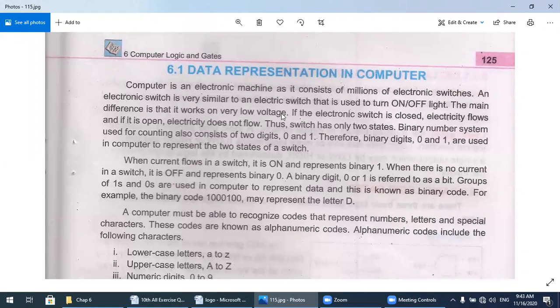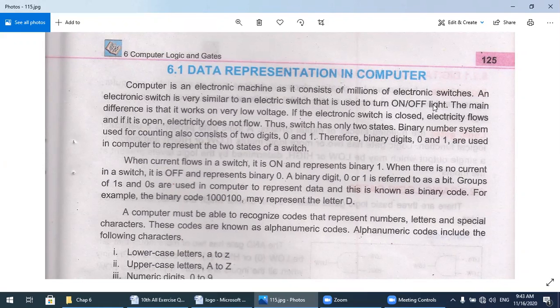This chapter is very easy because, as you know, data representation in the computer is based on 1 and 0. A computer is an electronic machine and it consists of millions of electronic switches. An electronic switch is very similar to the switch that is used to turn a light on or off.